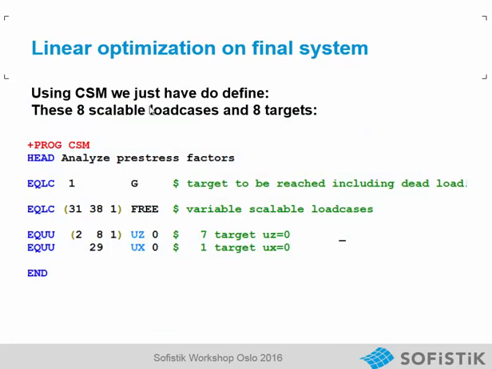This we can input in the CSM optimization tool, where we say we have 8 scalable variable load cases that have been analyzed all on the final system, and we have 7 targets UZ and 1 target UX, and the target shall be reached at load case 1, where we had dead load and additional dead load.